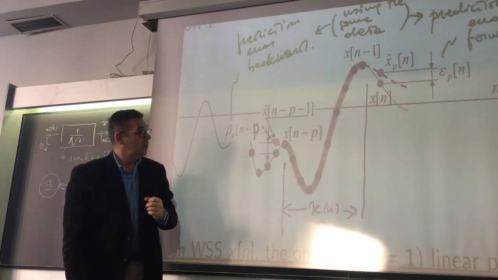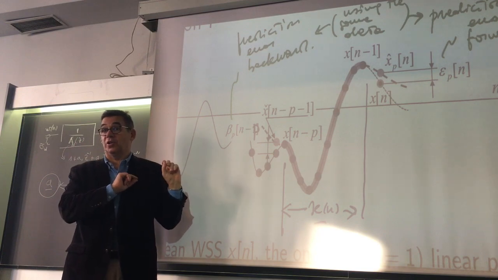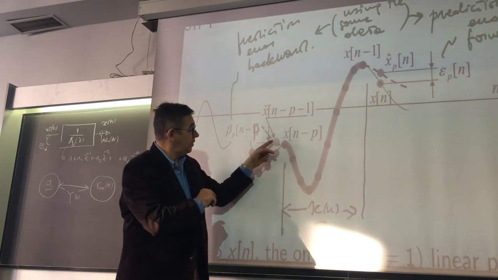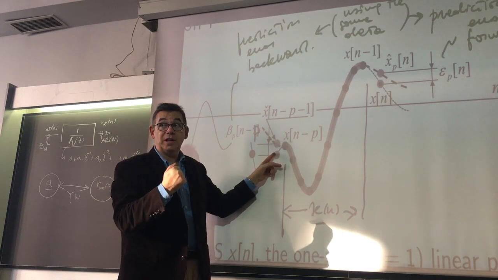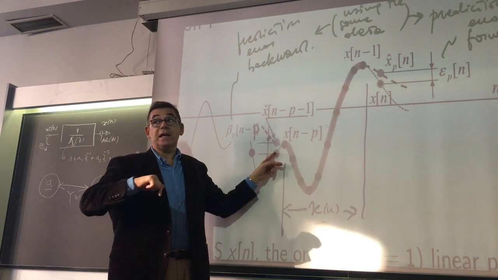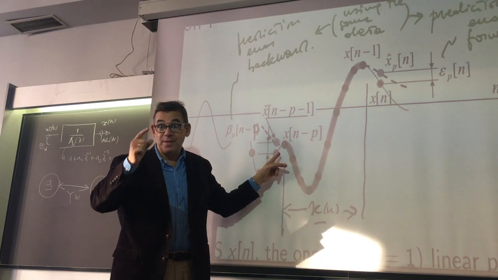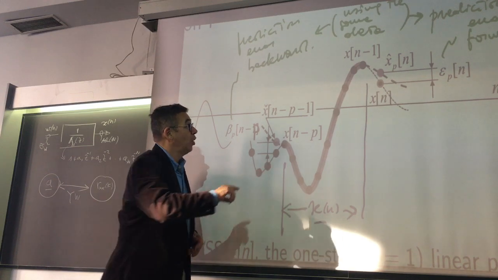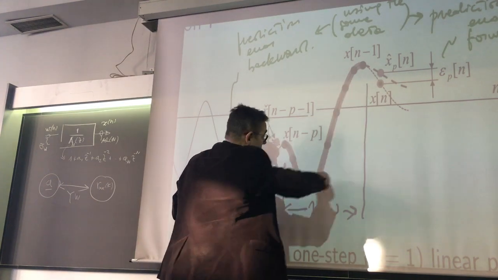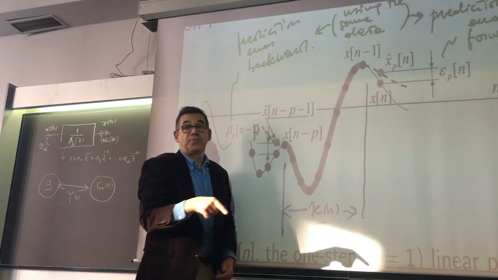If you want to create an adaptive linear predictor, you need to take the past. The error that you can calculate to update the adaptive linear prediction, adaptive meaning varying, is that you can use the past to update the filter that is used for the future.